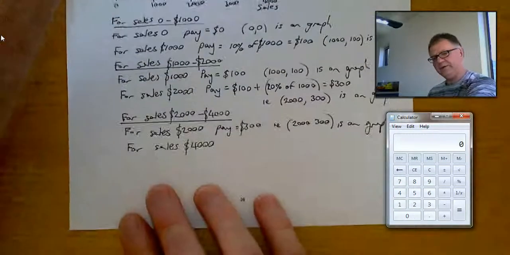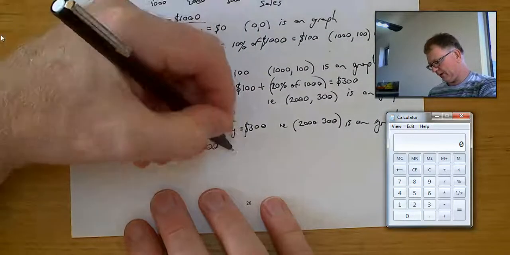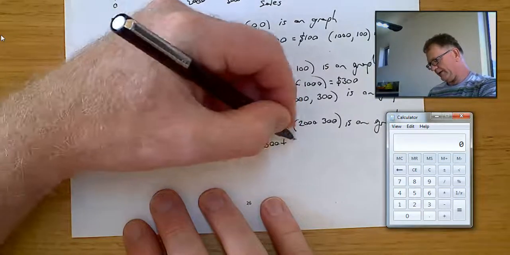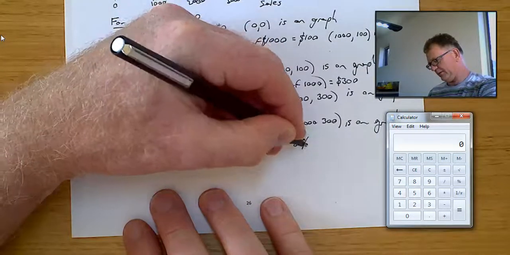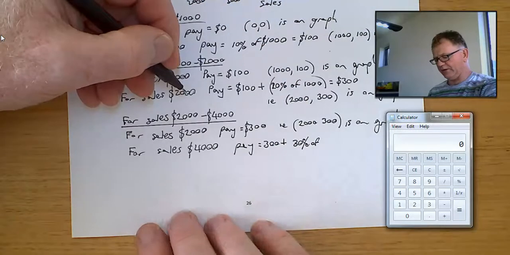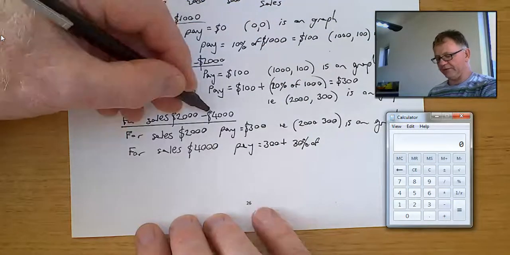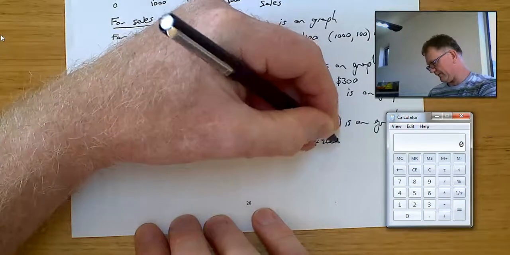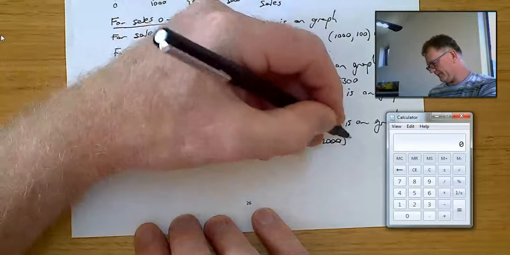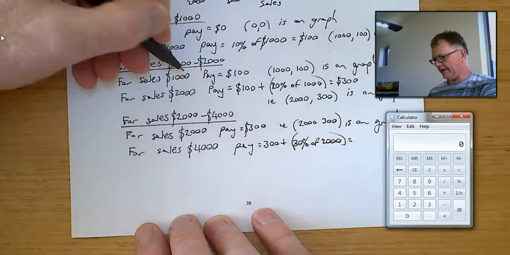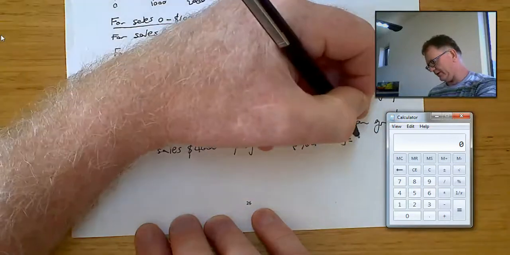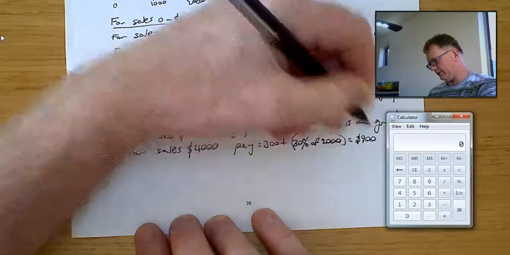So back down here, his pay will equal 300 plus 30% of anything more than $2,000. Well, if he's selling $4,000, then that's $2,000 extra dollars. He'll get paid 30% of that $2,000. And if you work that out, 300 plus 30% of 2,000, I think the answer is $900 he'll get paid.